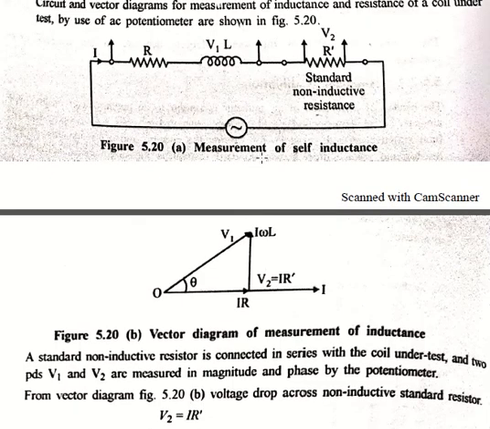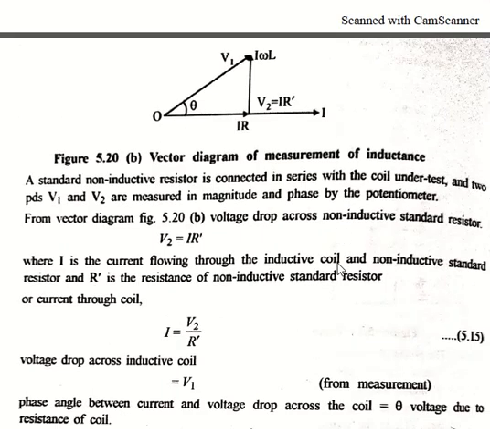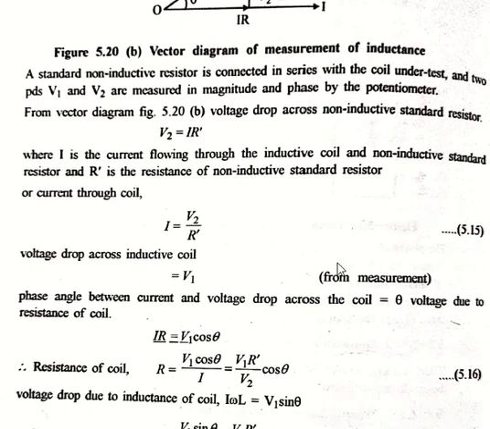We can see this here, and the two potential differences V1 and V2 are measured in magnitude as well as in phase by the AC potentiometer. In the vector diagram, V2 is equal to I R dash, where I is the current flowing through the inductive coil and the non-inductive standard resistance. So the current through the coil will be I equals V2 by R dash.